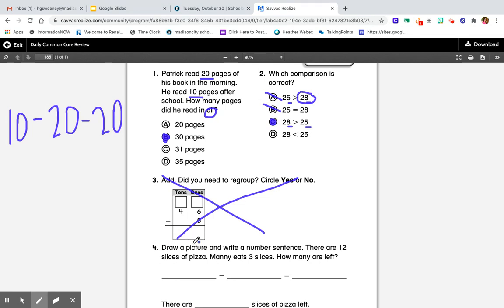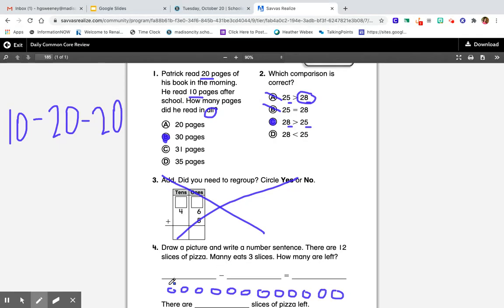Now number 4. Draw a picture and write a number sentence. There are 12 slices of pizza. Manny eats 3 slices. How many are left? Okay, so the first thing we're supposed to do is draw a picture. So he starts with 12 slices of pizza, so I might come down here and draw 1, 2, 3, 4, 5, 6, 7, 8, 9, 10, 11, and 12.